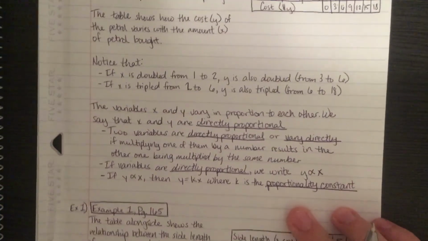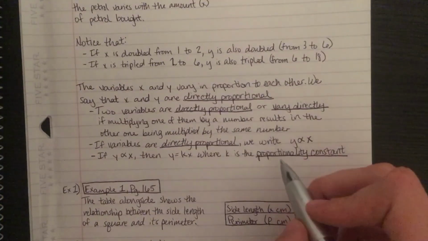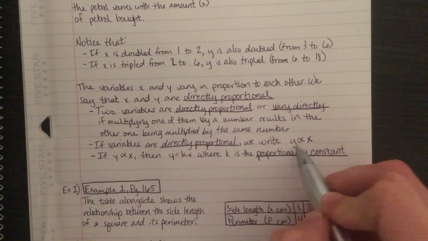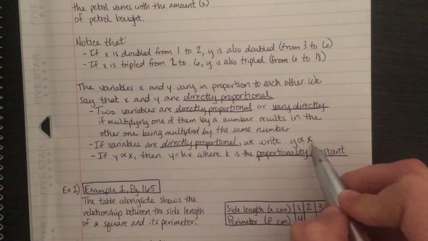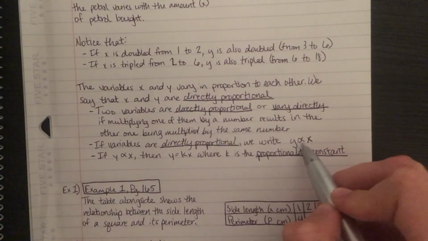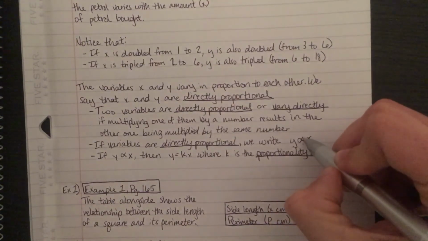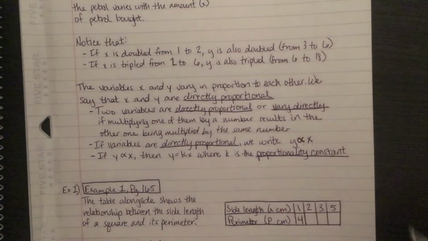directly proportional. So the way that you write this, if variables are directly proportional, you say Y is directly proportional to X. The symbol is like 3/4 of an infinity sign, like a sideways ribbon almost.